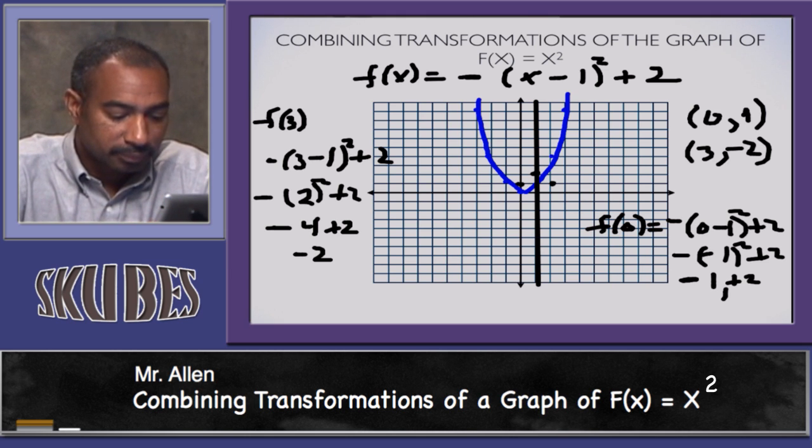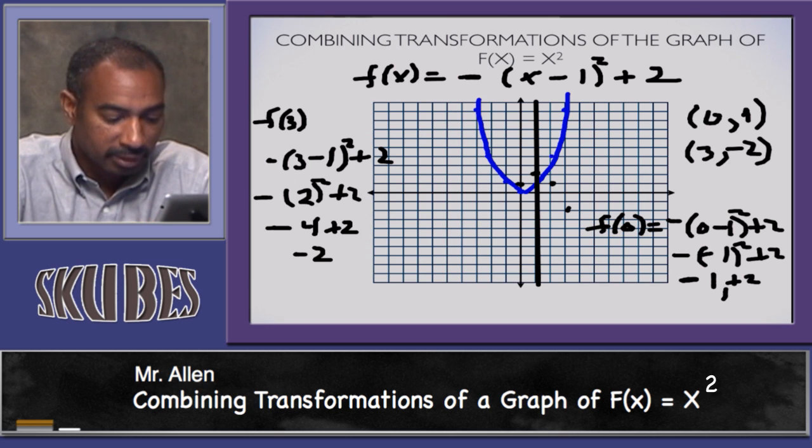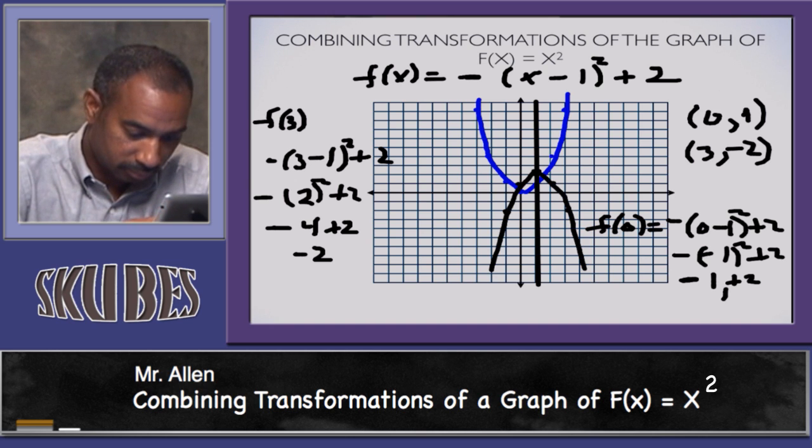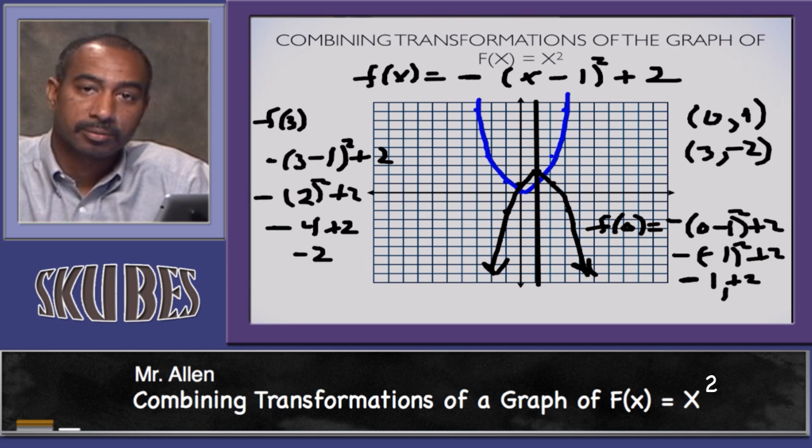So I'm going to count over 1, 2, 3, and then go down 1, 2. And I can do the same thing on the other side, because I'm 2 units away from the line of symmetry, so I can count over 2 units out of the line of symmetry. And the parabola is going to look like this. All right, this concludes our lesson for today.